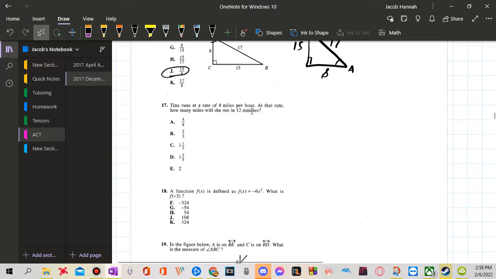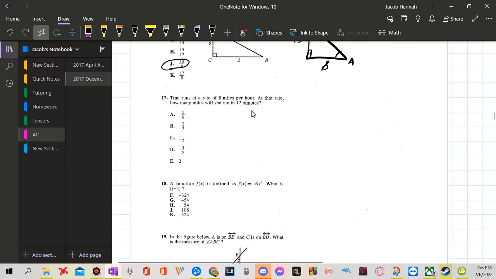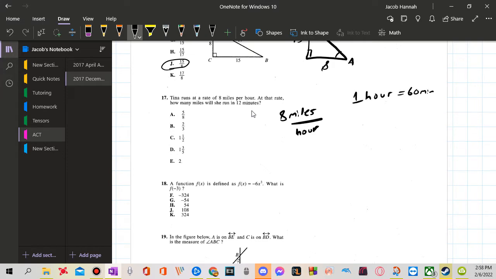Okay. So Tina runs at a rate of 8 miles per hour. At that rate, how many miles will she run in 12 minutes? Alrighty. So let's teach you about dimensional analysis. So 8 miles per hour. So 1 hour is equal to 60 minutes.